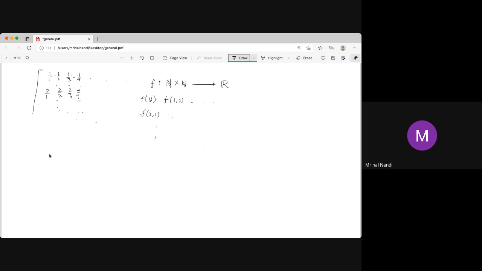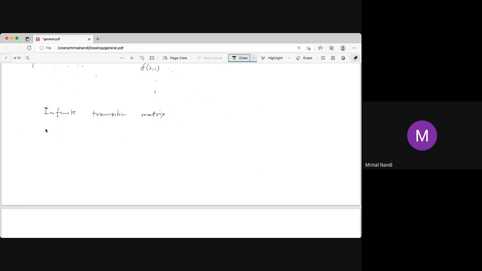So we can think about this infinite transition matrix. How do you think about this? Okay, the state space is countable. It is infinite but countable. If it is uncountable, there is a problem; if it is uncountable, there is no question of a matrix.